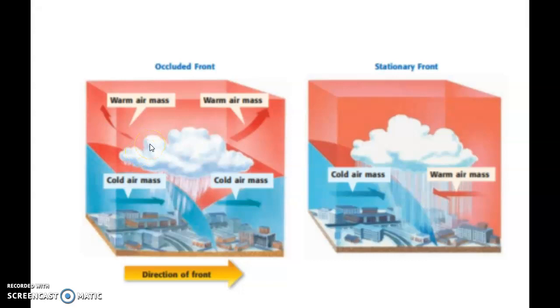And the coldest air mass moves forward until it meets another cold air mass. And one of these is warmer than the other and is less dense. So that will probably be pushed upwards as well.